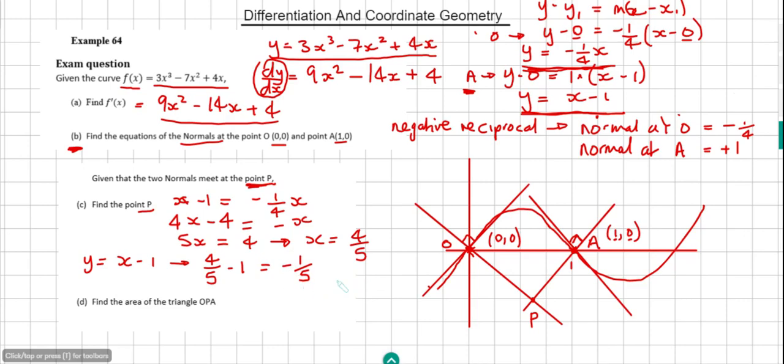So that would mean that P is 4/5, minus 1/5, the coordinate of P.